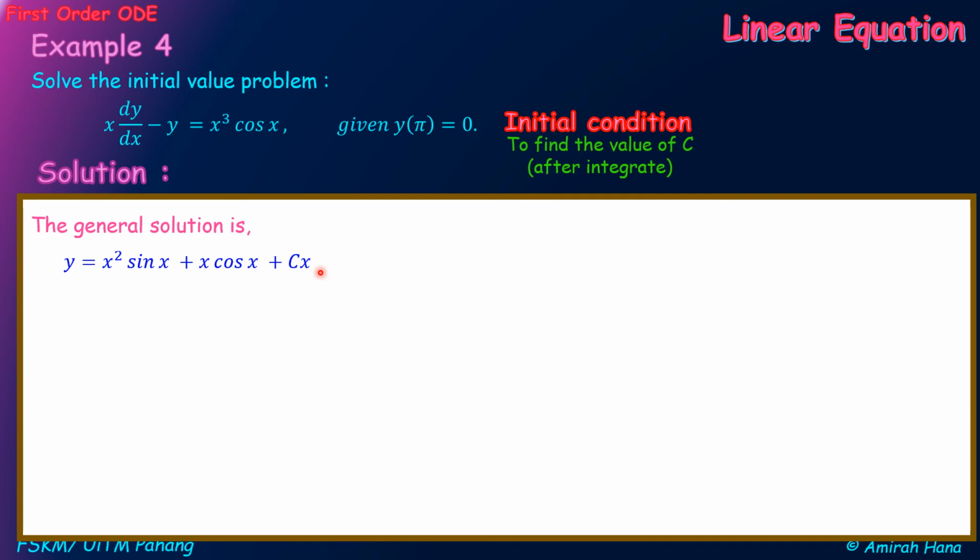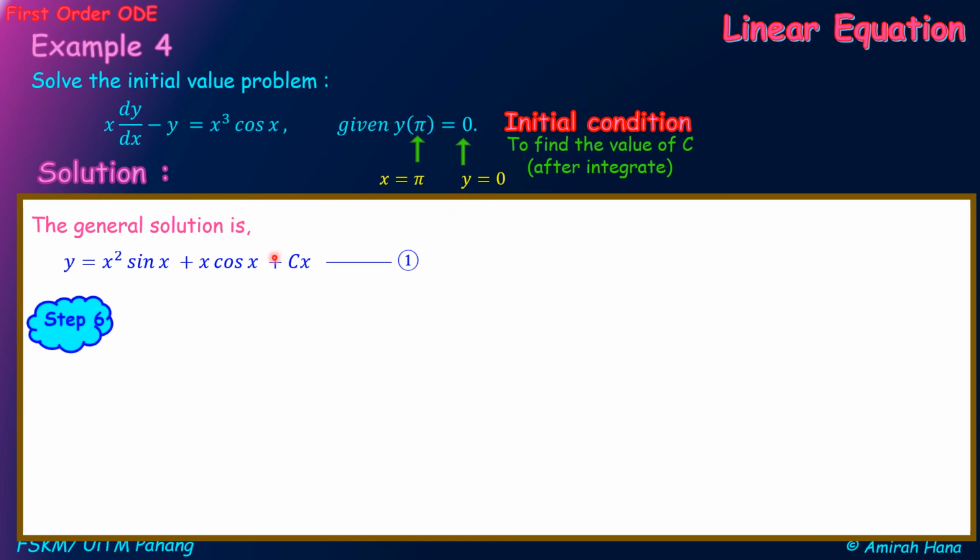Alright, so to use the initial condition, we need to identify the value of x and the value of y from y(pi) equals 0 here. Okay? So before that, we can name the general solution as equation 1 so that it's easy to refer. Alright, so from here, pi is the value of x and 0 is the value of y.